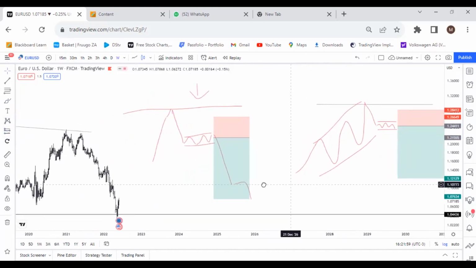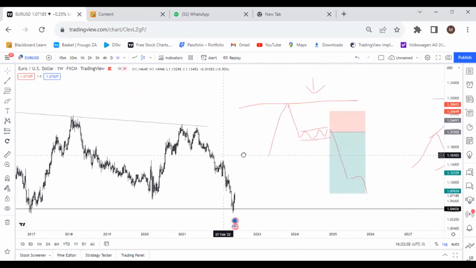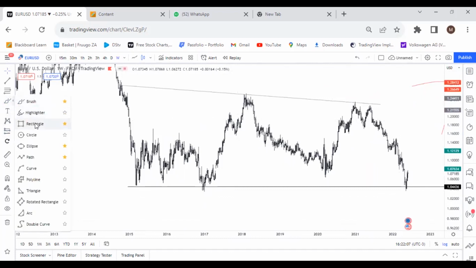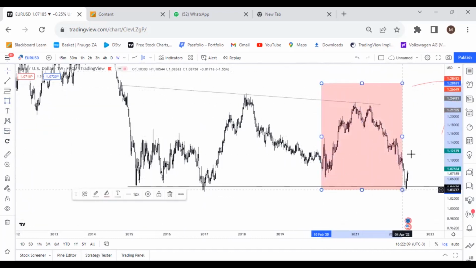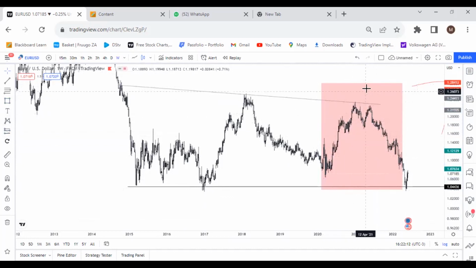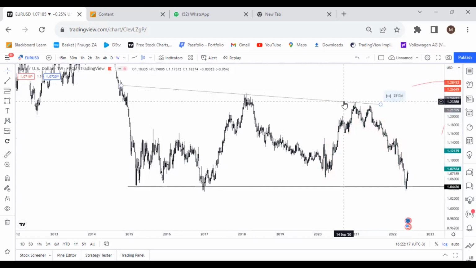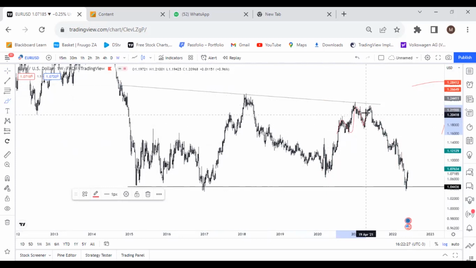So I'm just gonna go back and refer to our chart here. So we're gonna focus on this part and focus on how the price got to our trend line or our resistance there. So you can see that the price started correcting once it reached the resistance there.